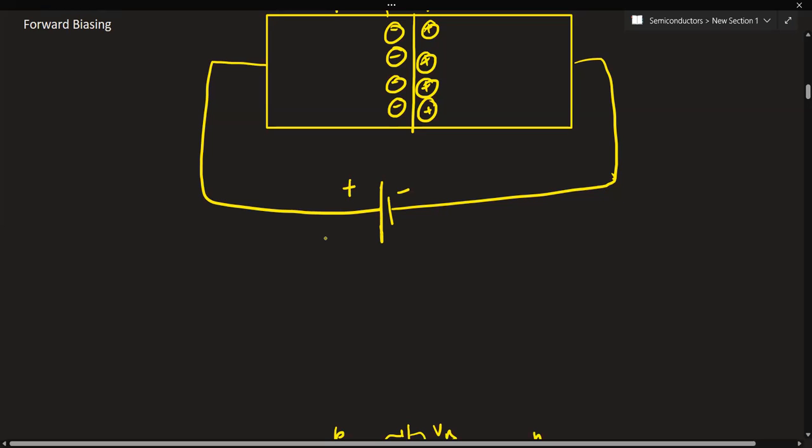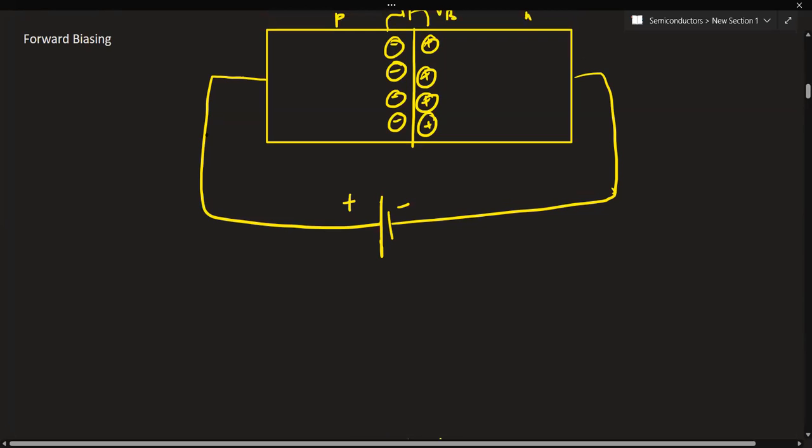So see, in case of this setup, if the positive charge is over here and the negative charge is over this side, the negative terminal of the battery, now see what kind of flow will occur. The positive terminal of the battery will attract the negative part, and the negative terminal will attract the positive part.